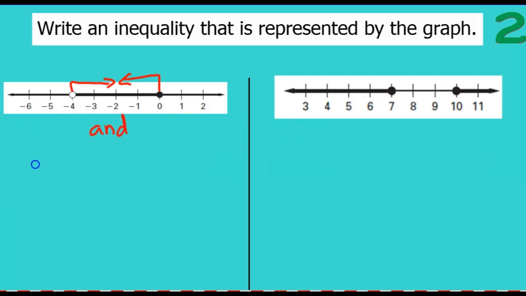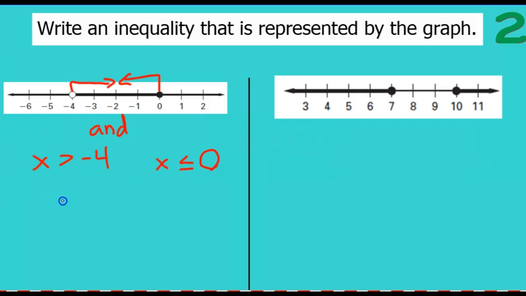Here we have a -4. We can just write this out as two separate inequalities. So x is going to be greater than, because it's an open circle, -4, and x is less than or equal to 0.